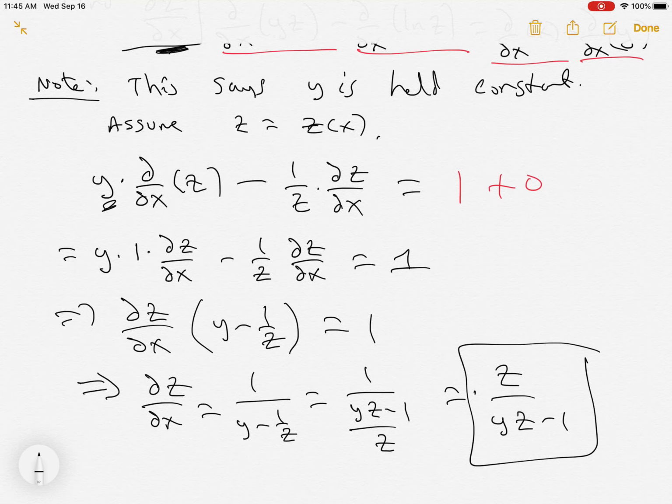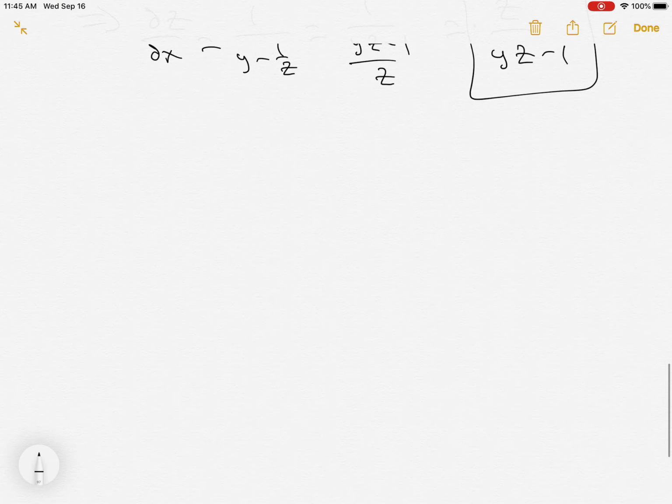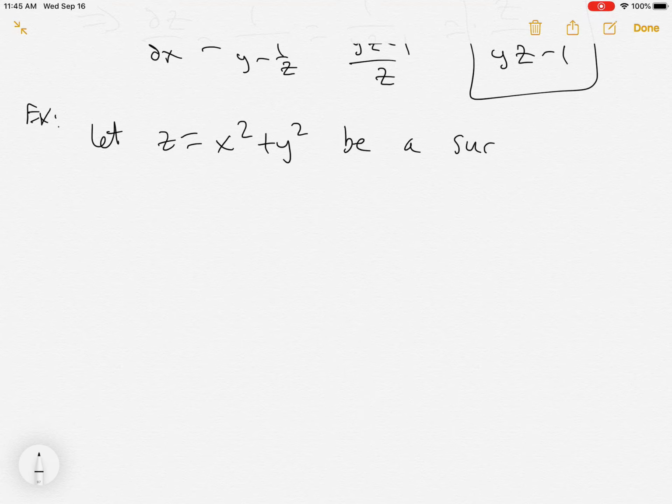Okay, so let's do some applications here. A little example. So we're going to let z equal x squared plus y squared be a surface. It's actually called a paraboloid.